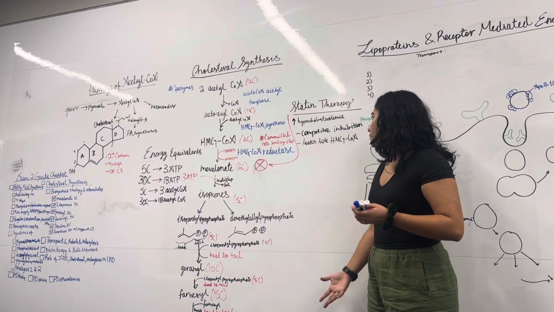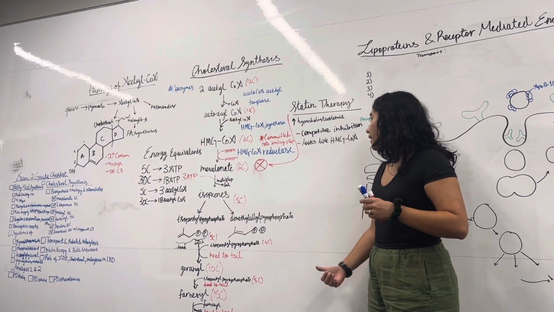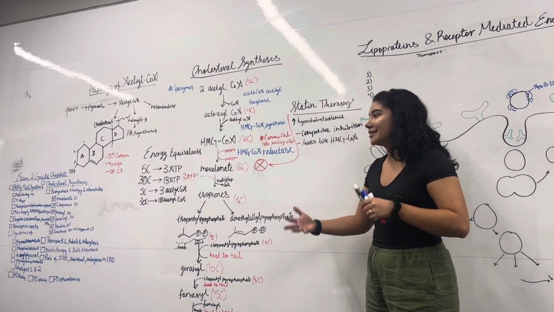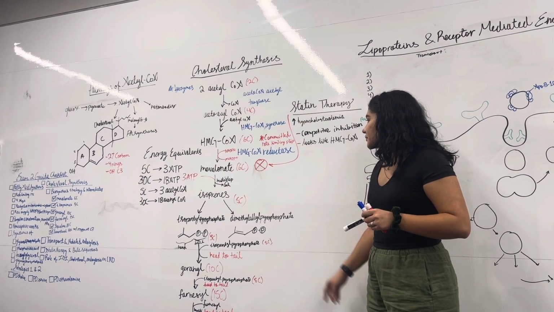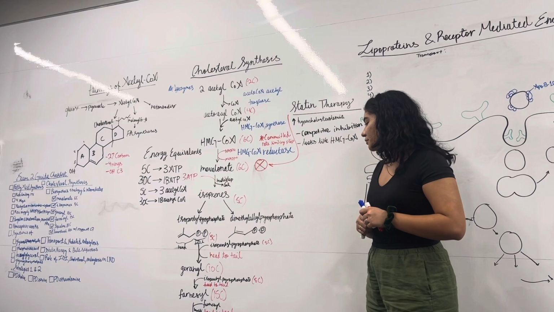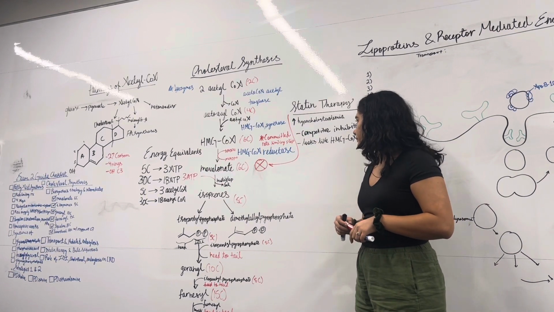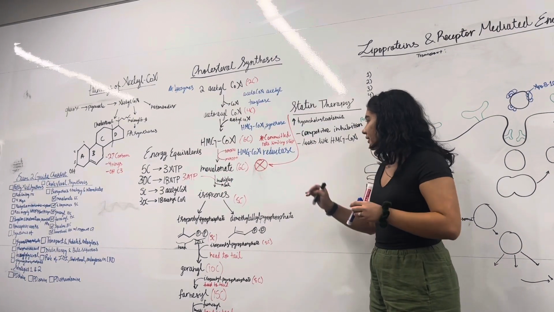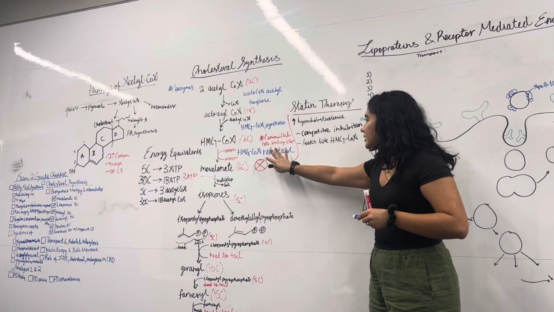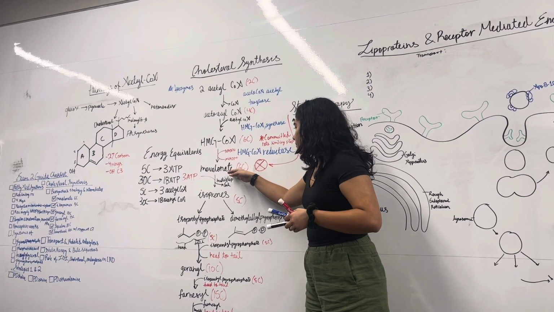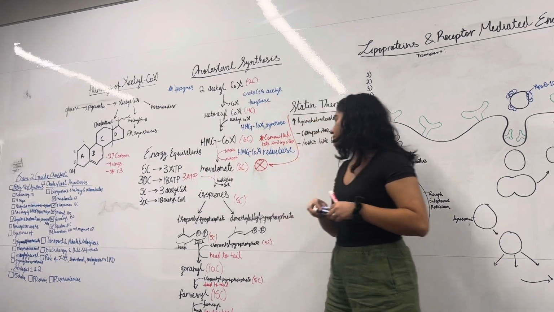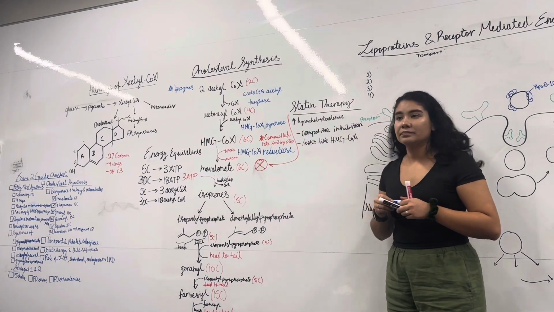That's what we want for people that have high cholesterol, which tends to lead to things like cardiovascular diseases, to be able to stop this process from creating too much cholesterol. So if anything, know this step: substrate, enzyme, product.